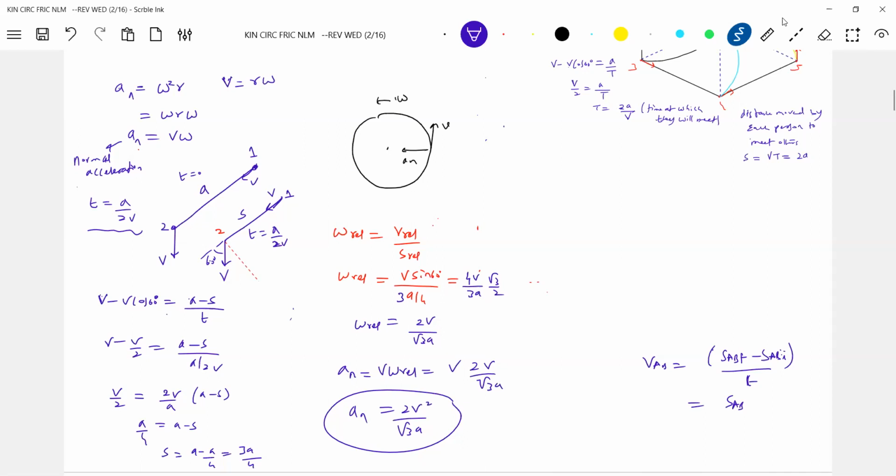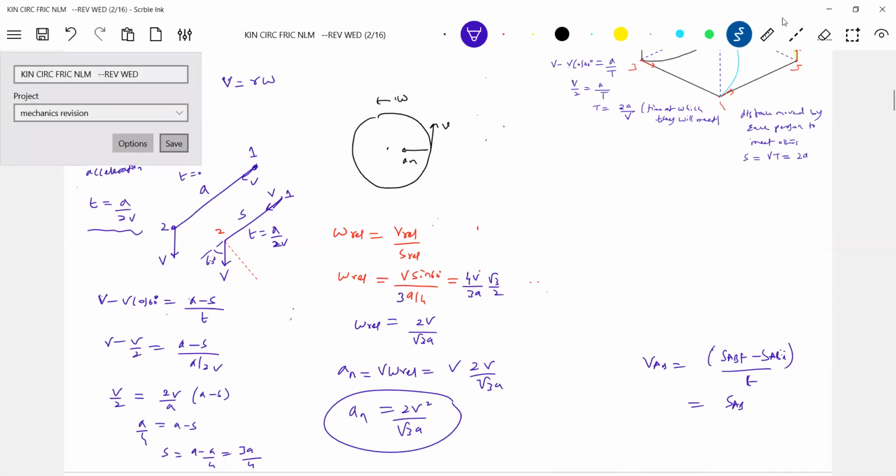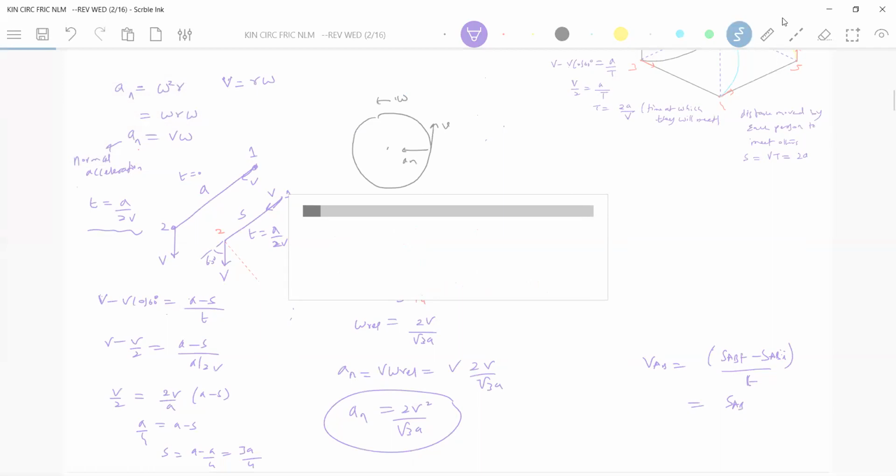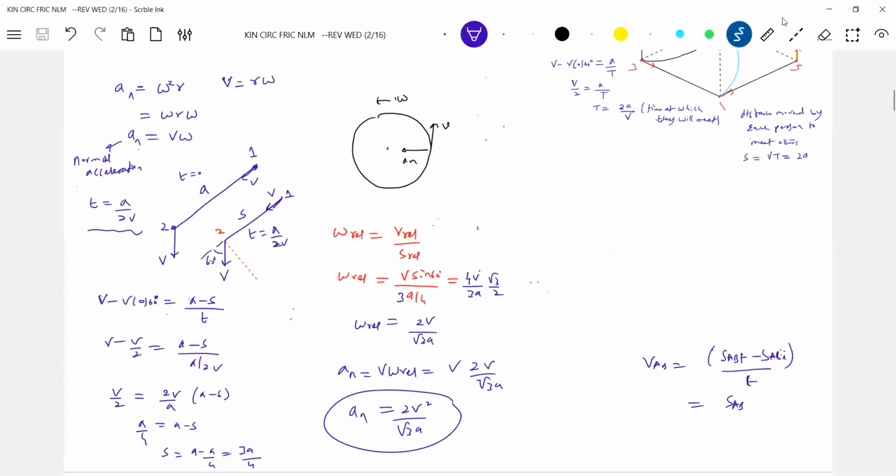Any objections here? How is omega equal to omega relative, sir? You mean to say what is omega relative? Omega relative is omega of 1 to 2, something like that, no, sir. That I understood.